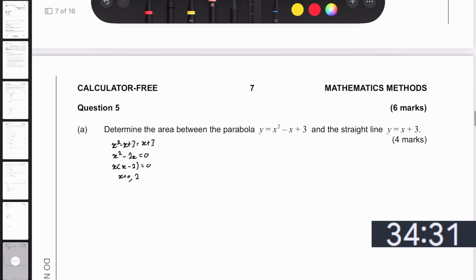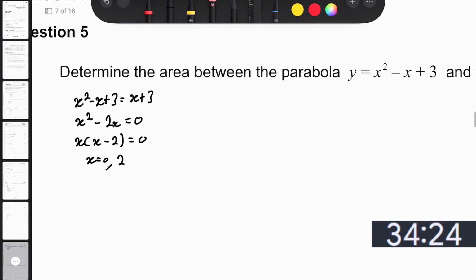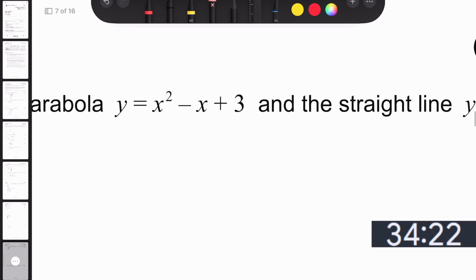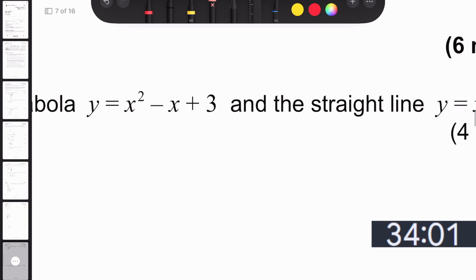Yeah. So now I have to find which way they're going to go. I think this is going to have some weird roots.